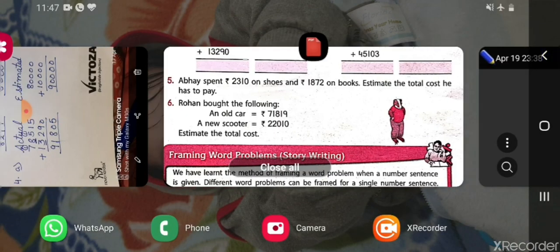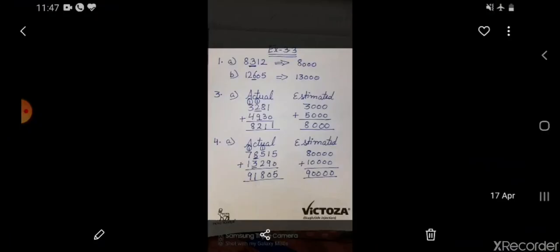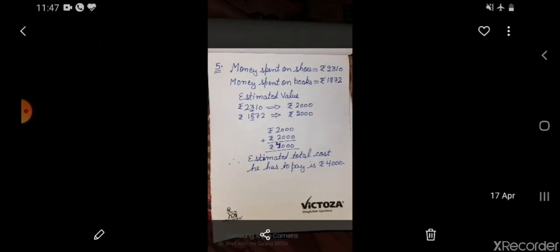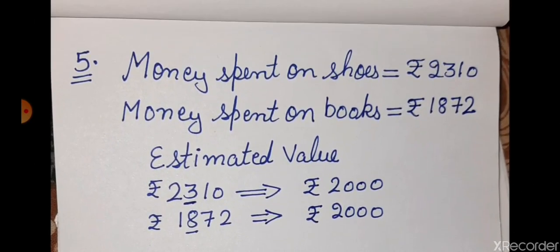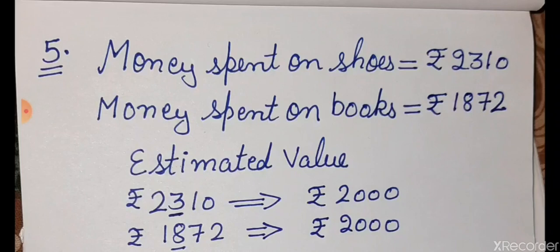Now how will we do the calculation? Like this. Money spent on shoes is rupees 2310. Money spent on books is rupees 1872. Don't forget to write the rupee sign.